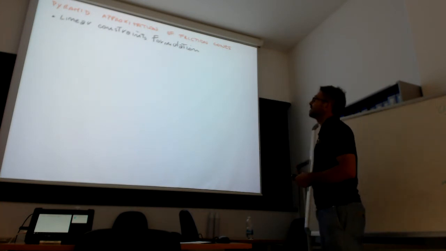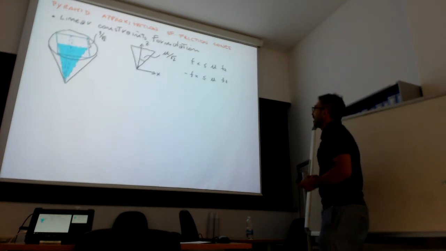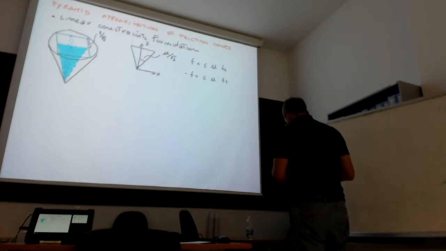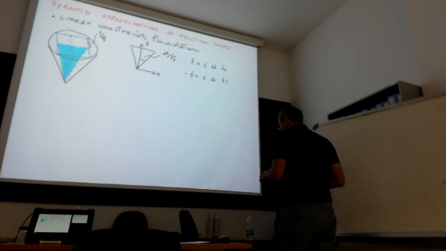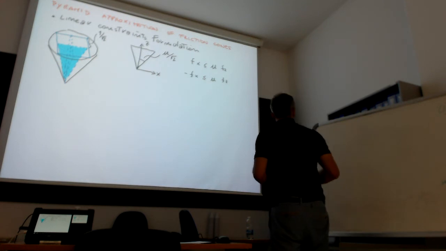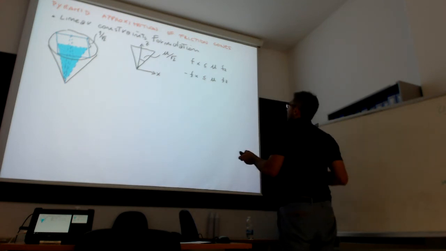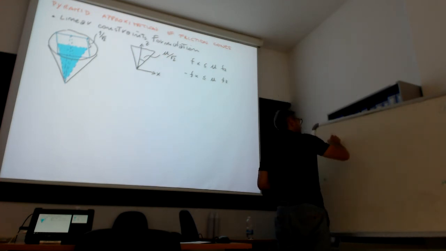So in general, what people do in robotics is linearize the cones as pyramids, and you can use as many edges as you want. Now here we have 1, 2, 3, 4 edges, but you can have 8. And for each edge, in essence, you think about the cone.